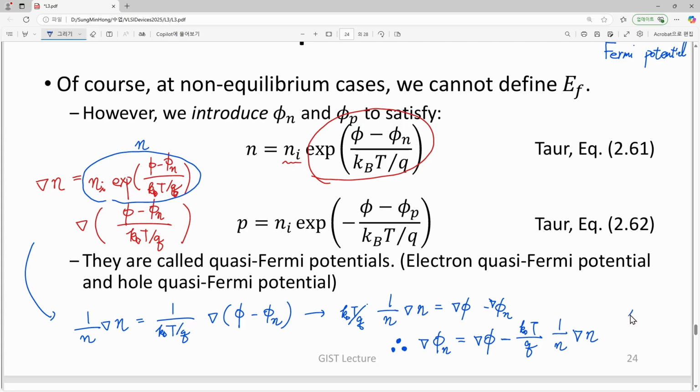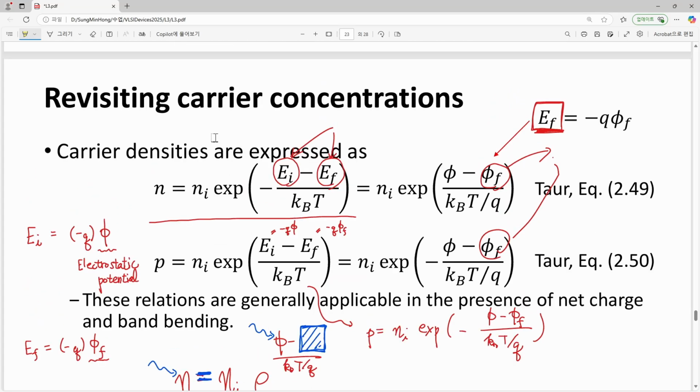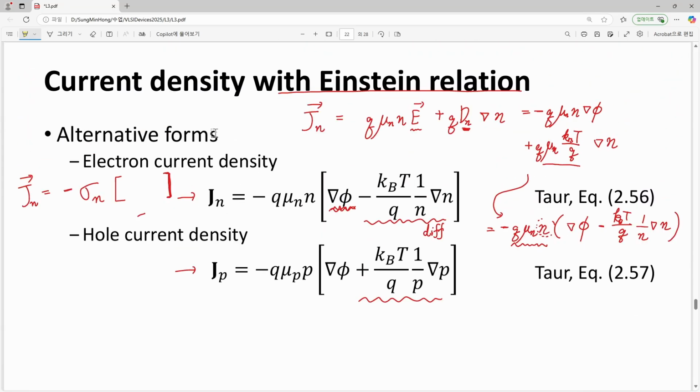So this expression is a direct consequence of this definition. Starting from equation 2.61, there is no other trick. Just direct manipulation gives us this form. But point is, now this one is corresponding to this part.